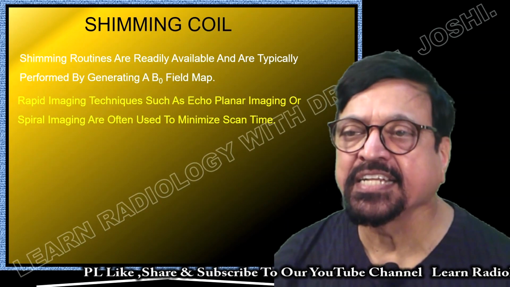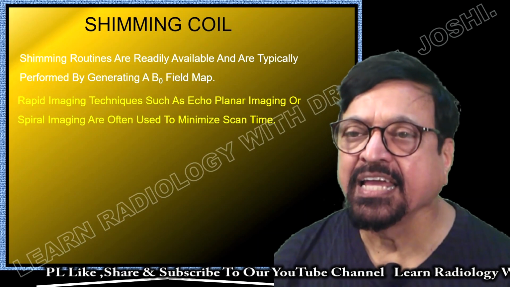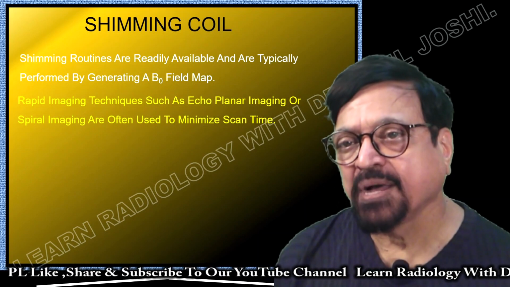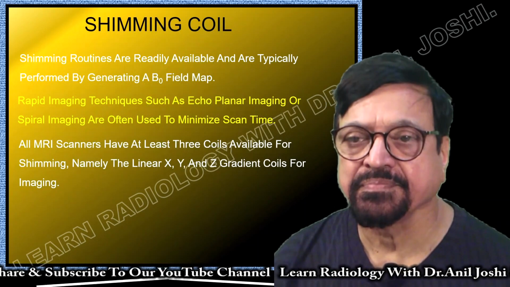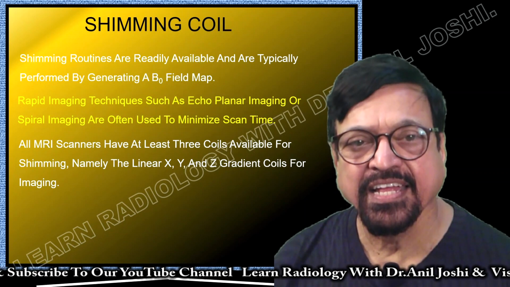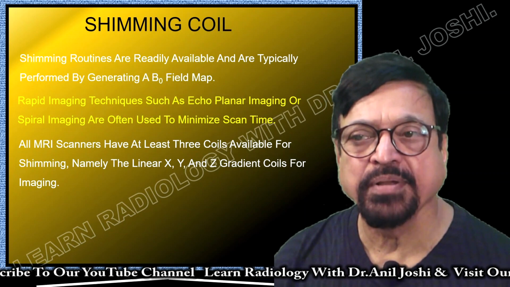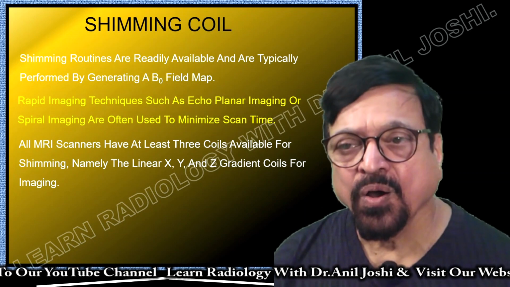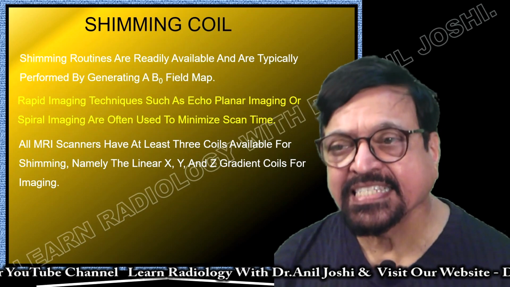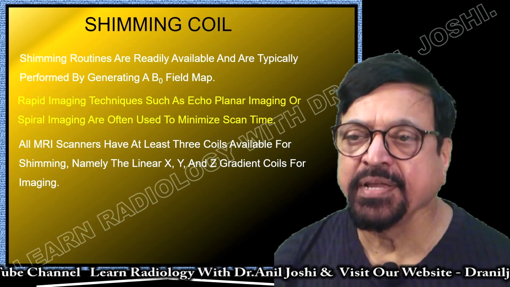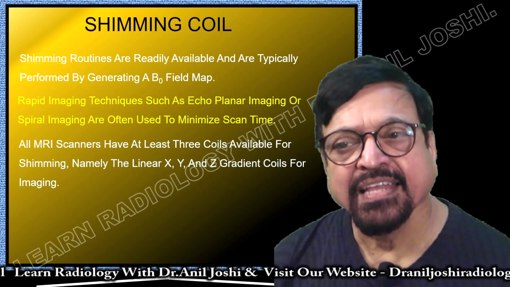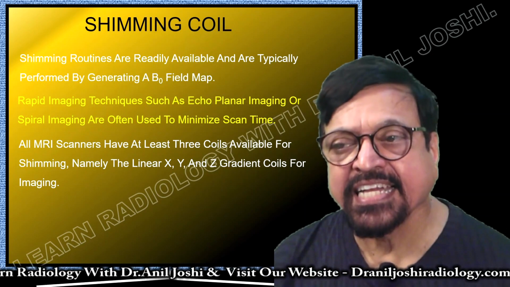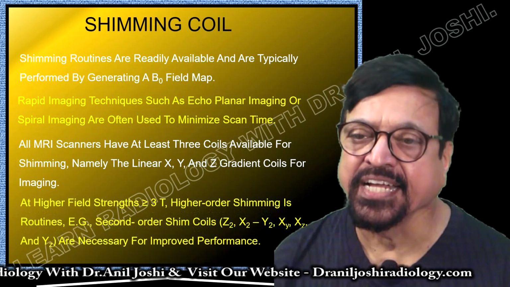Now rapid imaging techniques such as echoplanar imaging or spiral imaging are often used to minimize scan time. You need a quick scan: in less time you want more information. So all MRI scanners have at least 3 coils available for shimming. Nearly they are in the axes of the X, Y and Z gradient coils for imaging.